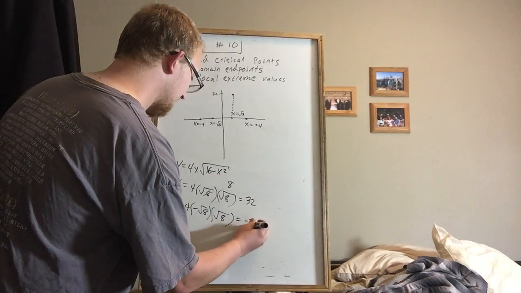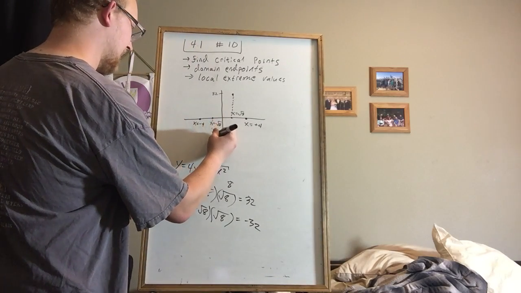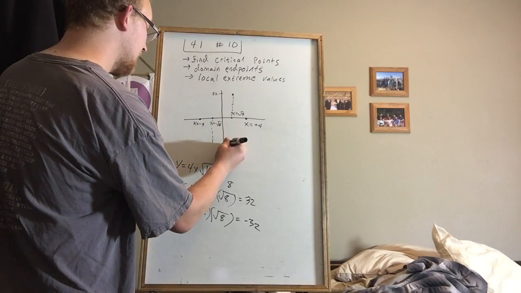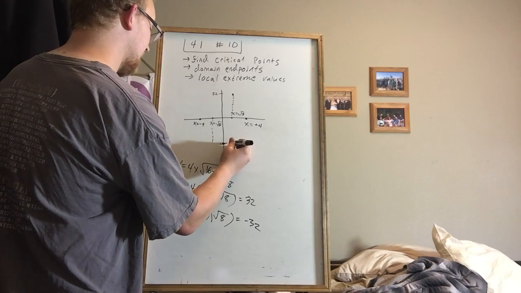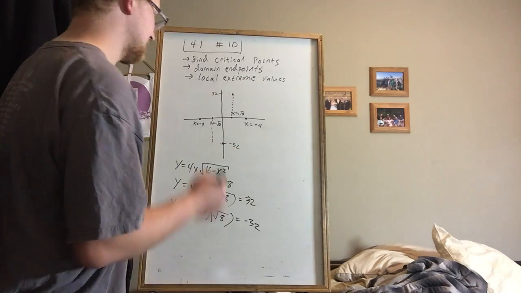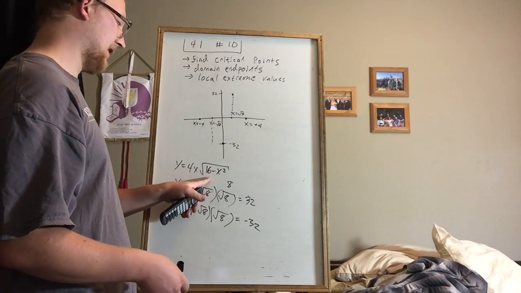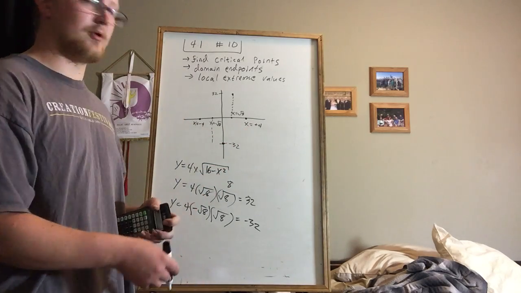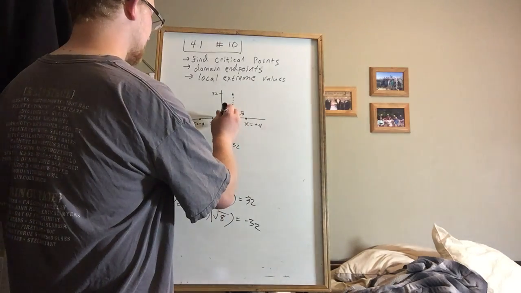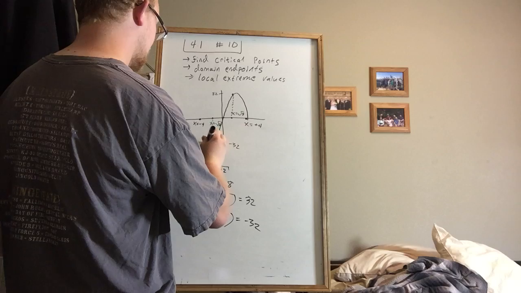So now we have a minus 32. And so that tells us that for the point x equals negative root 8, we are at y equals minus 32. So we're starting to get a picture for what this is. We know that when we plugged in 4 to this function, we got 0, and when we plugged in negative 4, we got 0. So we're starting to build a picture of what this function looks like.